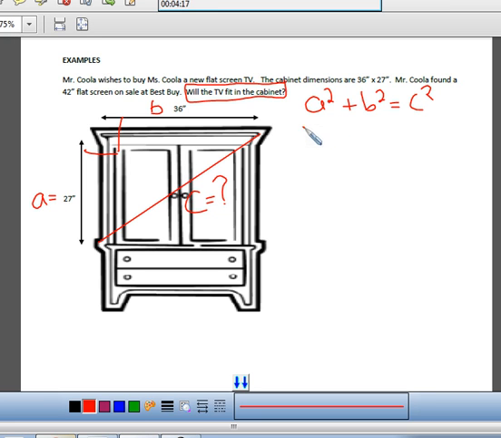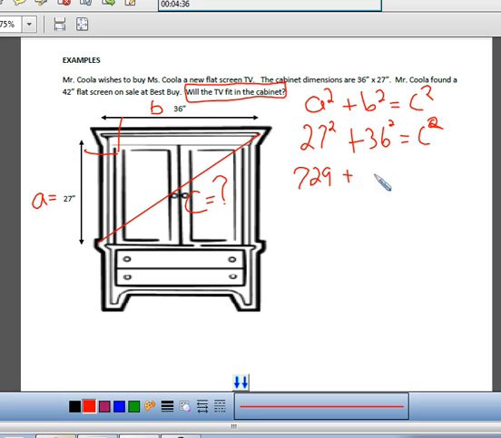I'll plug in my a, 27 inches, my b, 36 inches, and I'm still trying to find c squared. Now, 27 squared is 729. Make sure you use your calculator.